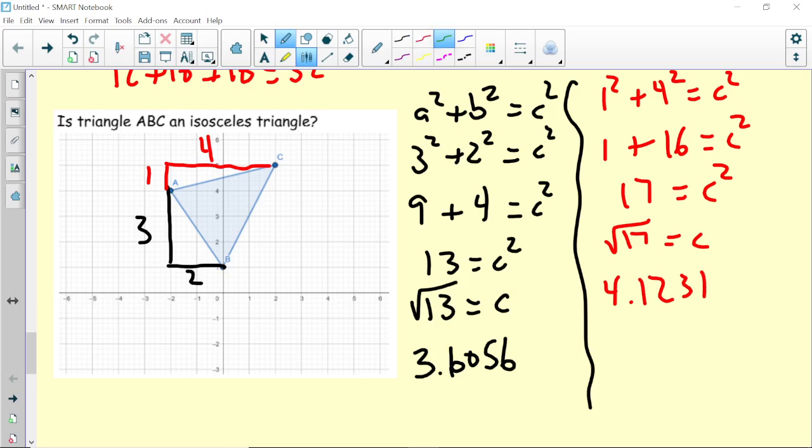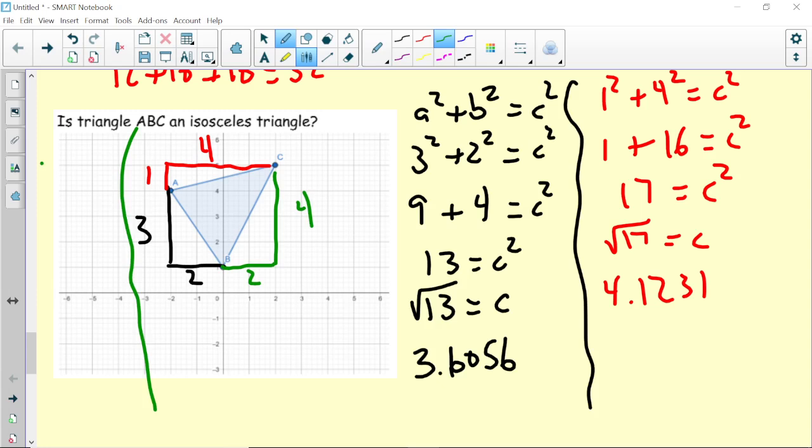So let's do the last side and see, is it congruent to either of these 2 pieces? So we're going over 1, 2, up 1, 2, 3, 4. And already you might recognize that this probably won't be isosceles because the legs are not congruent to the other 2. But still, let's double check our work. I'm going to do it over here on the left-hand side. So A squared plus B squared equals C squared.